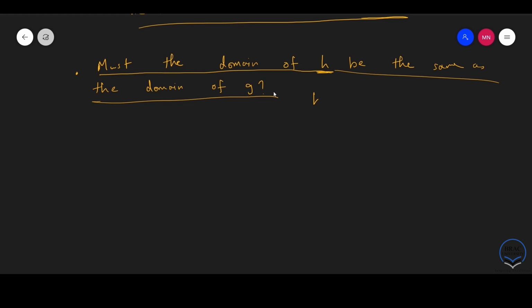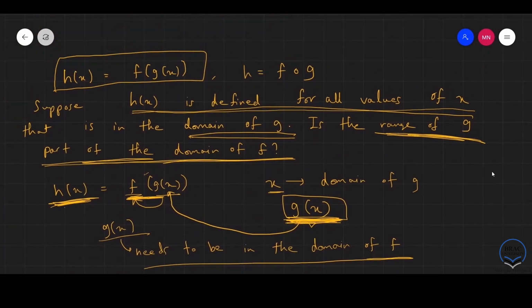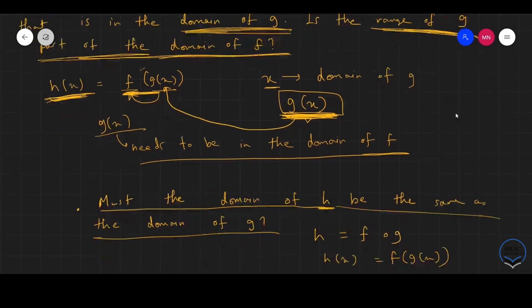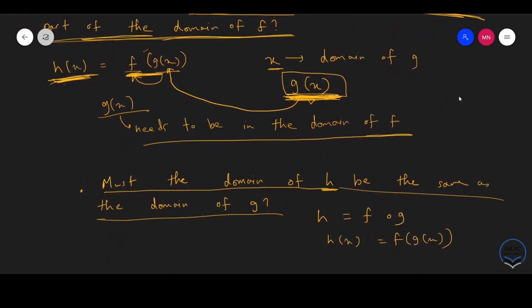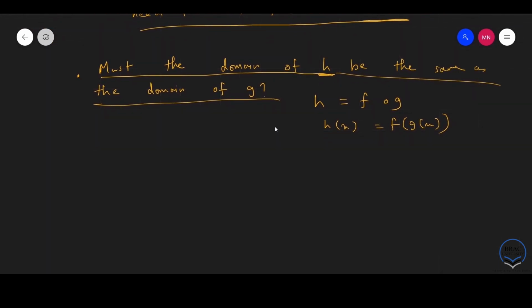Once again, we're still considering h is equal to f of g. So h of x is just equal to f of g of x, right? Right, so we're still considering that h of x is defined for all values of x that is in the domain of g, right? We're still considering this. Now we just want to know if the domain of h and the domain of g are the same, right?